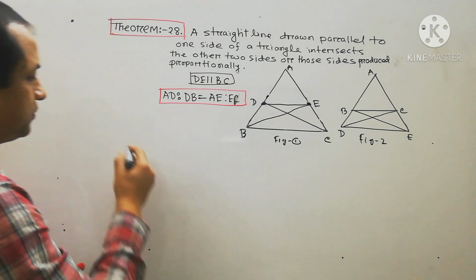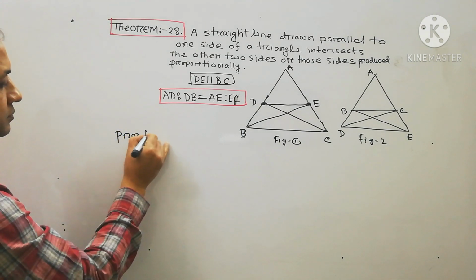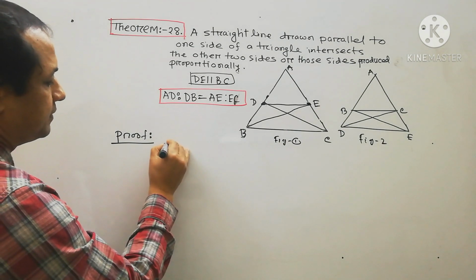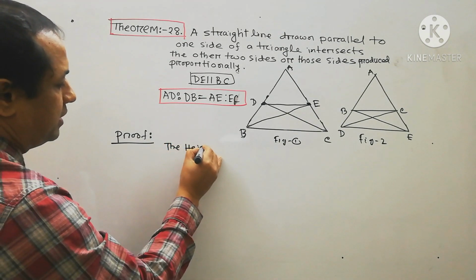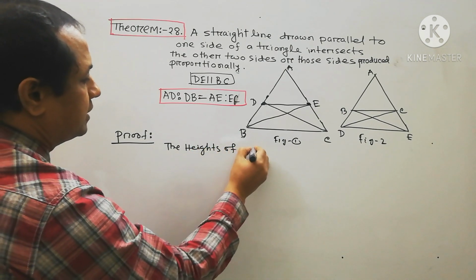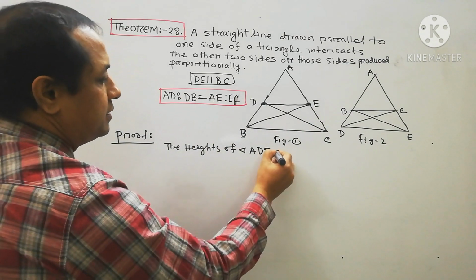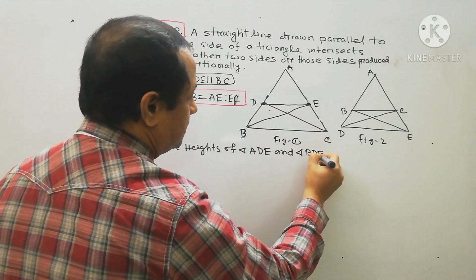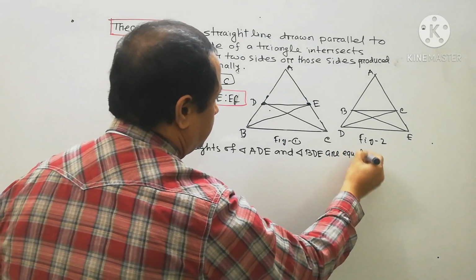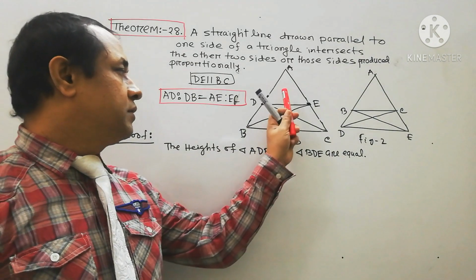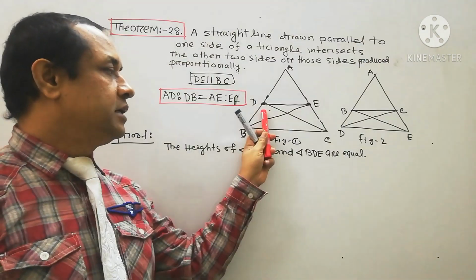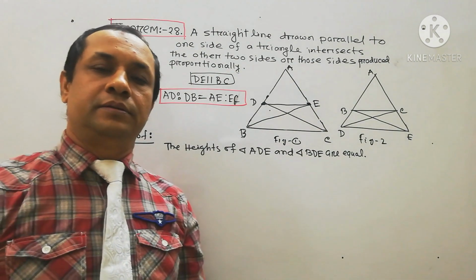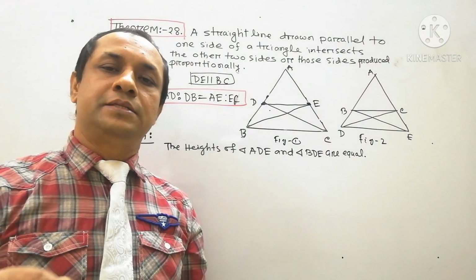So students, here is the proof. The heights of triangle ADE and triangle BDE are equal. Students, attention please. The heights of triangle ADE and triangle BDE are equal, so their bases and areas are proportional.